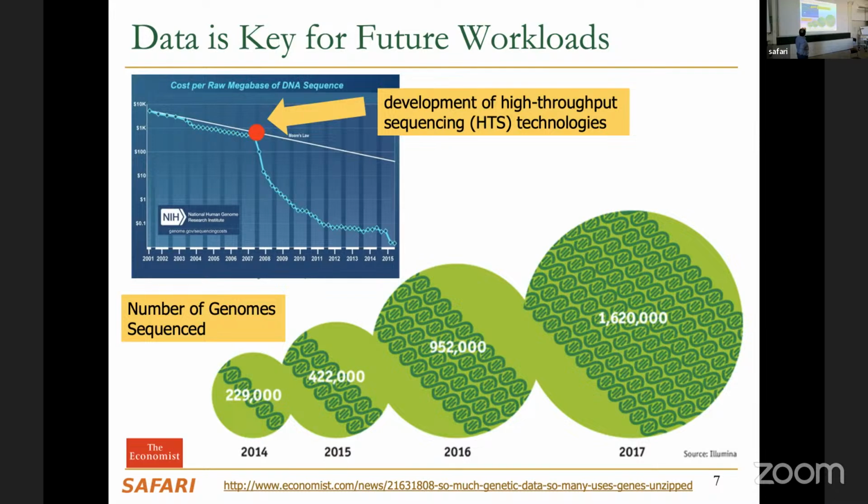But from 2007 and after that, we had a huge improvement in the throughput of sequencing machines. Unfortunately, we see a huge gap between the throughput of the computational system and this data generator system.